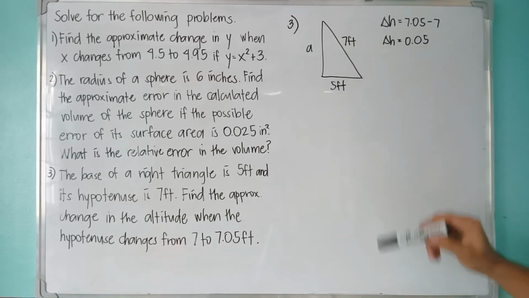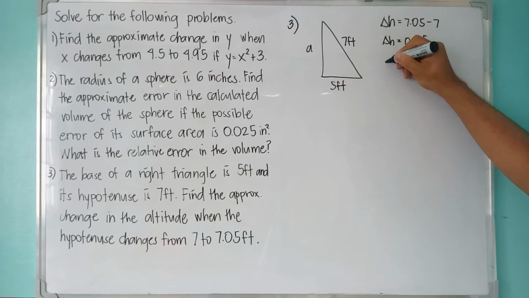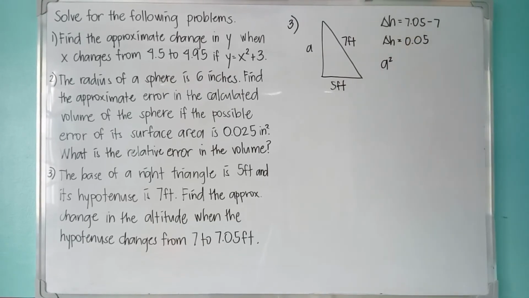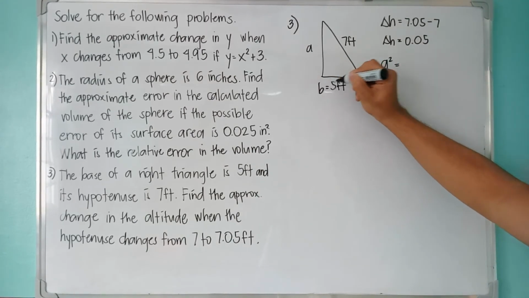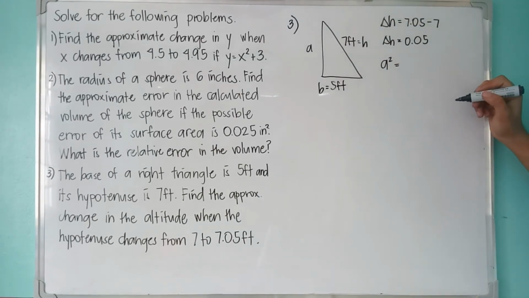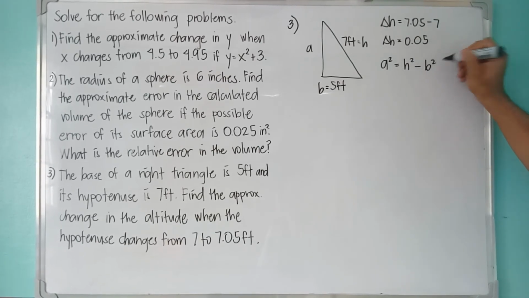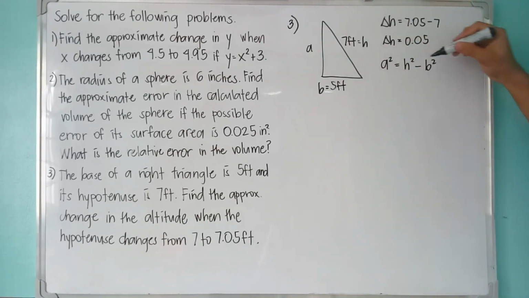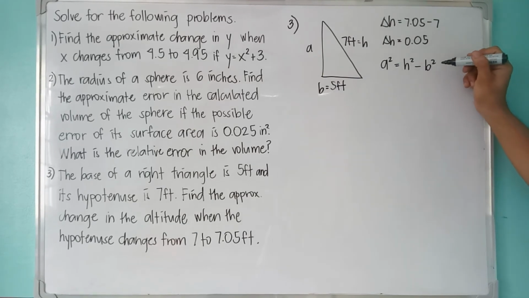So, A squared is equal to, let's say, B ang base, H ang hypotenuse, equal siya sa square ng hypotenuse minus square ng base. Pythagorean theorem lang naman.